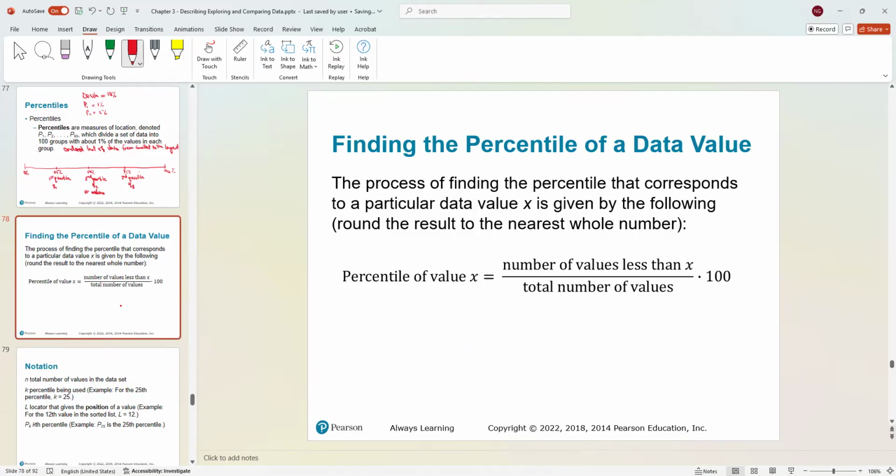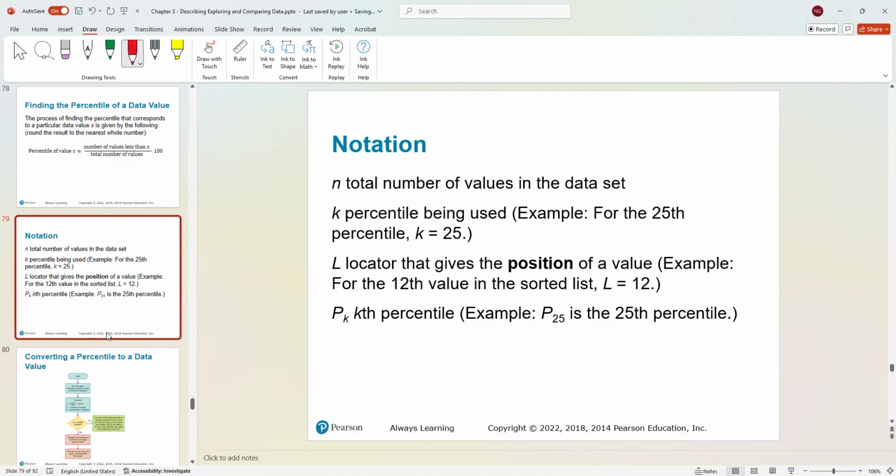As I said, the first thing is really to work around the quartiles after we do all the percentiles. Notation: n is the total number of values in the data set. K is the percentile being used, like 25%, so k is 25. L is the locator that gives the position of a value, like for 12 values in the list, we said L equals 12.